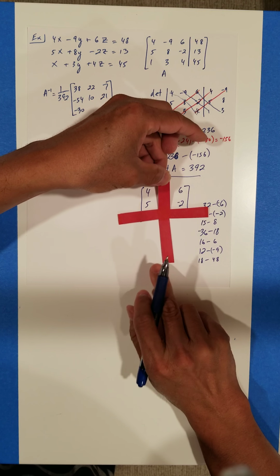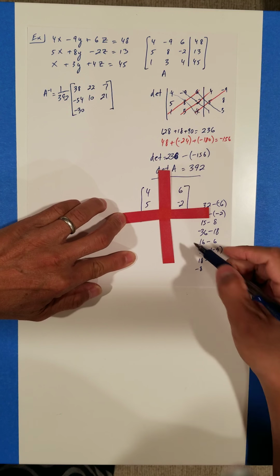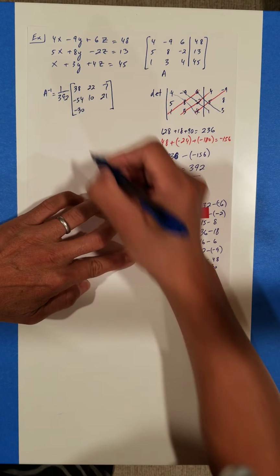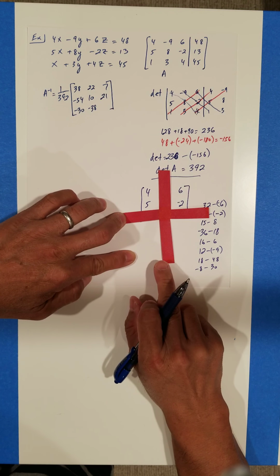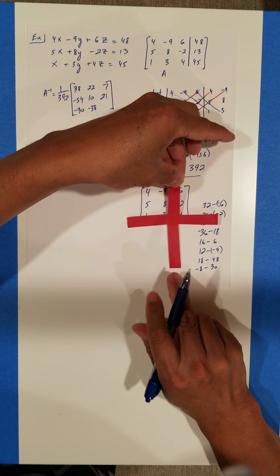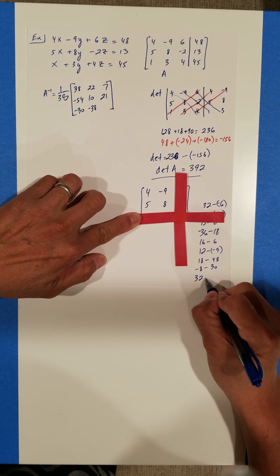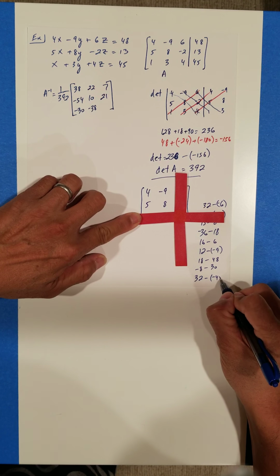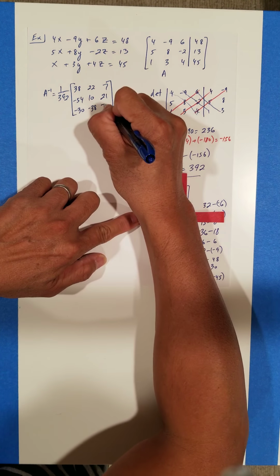Cover row and column of 3. I get negative 8 minus 30. Negative 38. Okay. Now, last one. Last one's that 4. So cover row and column of 4. There you go. 32 minus negative 45. Okay. So it looks like 77.